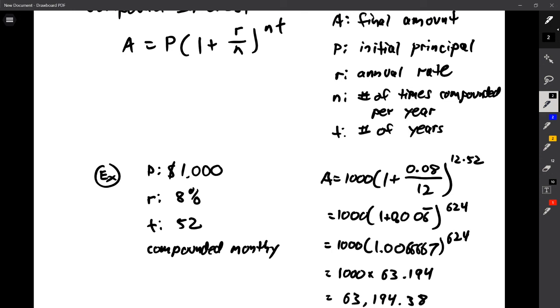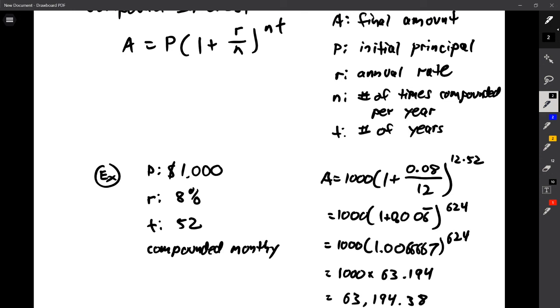I'm just curious. 1.0066667 to the power of 12 times 54, times 1,000, and that bumps it up to 74,000. So I need to double check what that initial deposit amount is that would give you about $250,000.